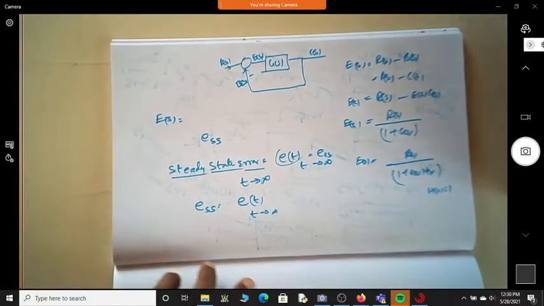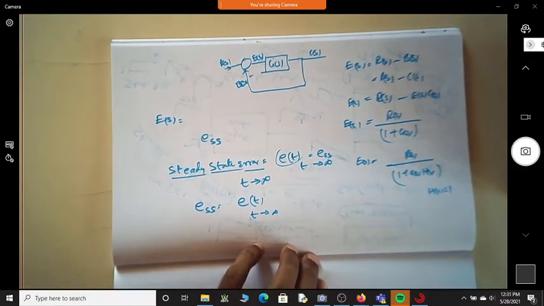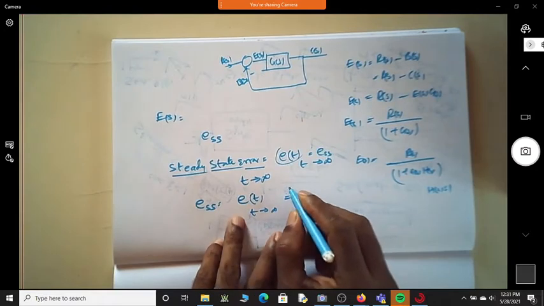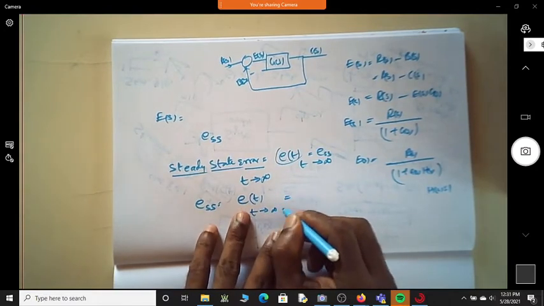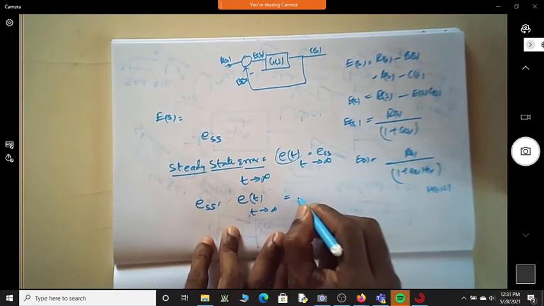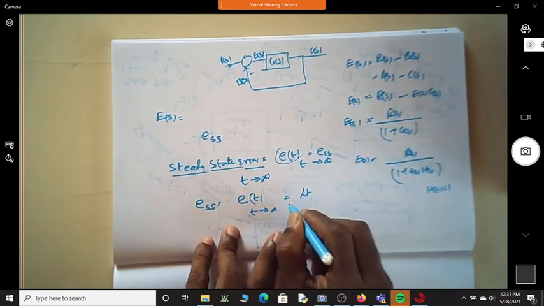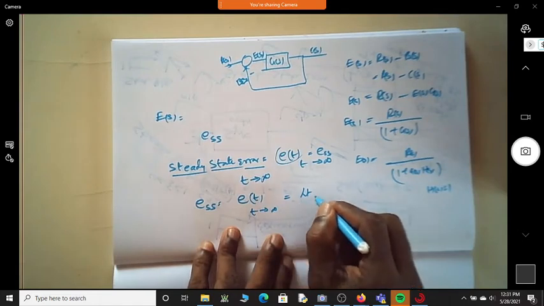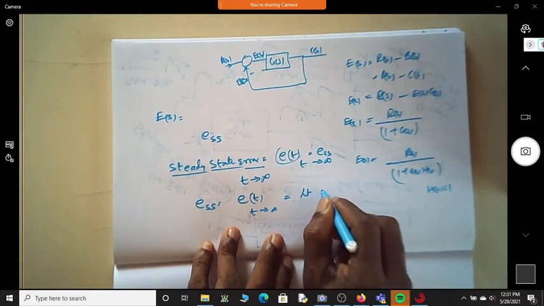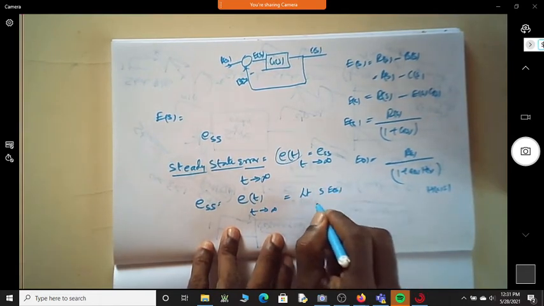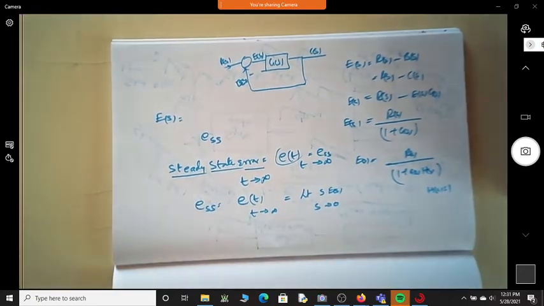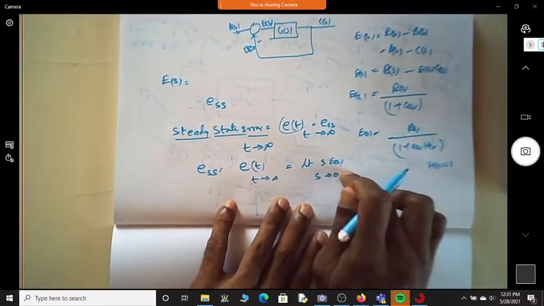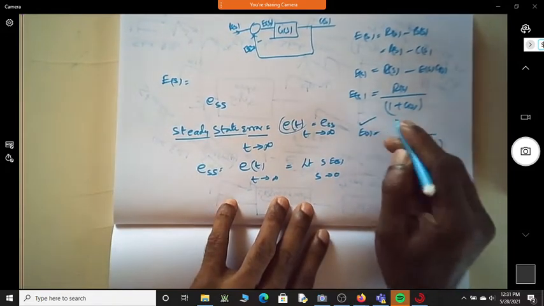So ESS is nothing but E of t with t tending to infinity. You may know that in Laplace transformation, using the final value theorem, can I write this as the limit of E of t as t tending to infinity equal to S into E of s with s tending to 0? This is equivalent because both are equal.